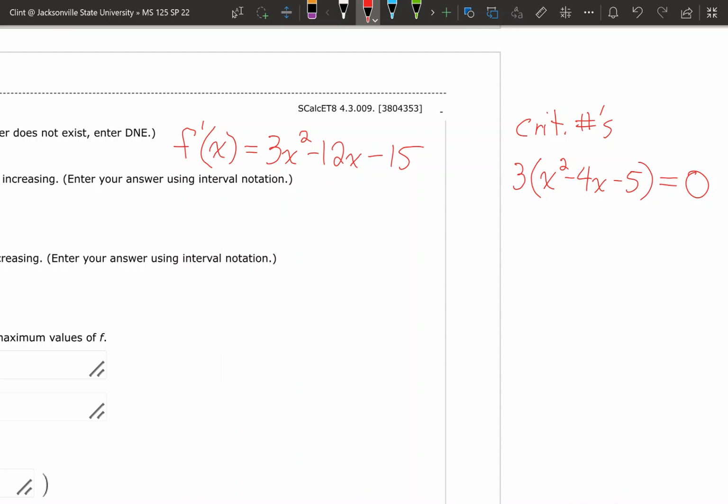Divide both sides by 3, makes the 3 go away, and then we need factors of negative 5 that add together to give us negative 4. So negative 5 plus 1. So our critical numbers are x equals 5 and x equals negative 1.